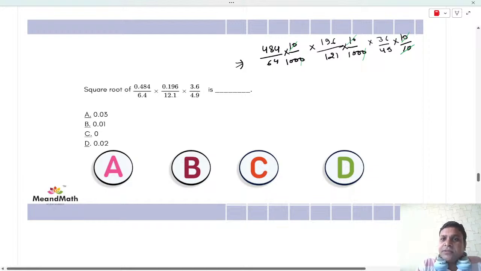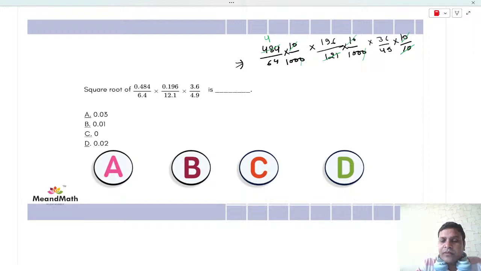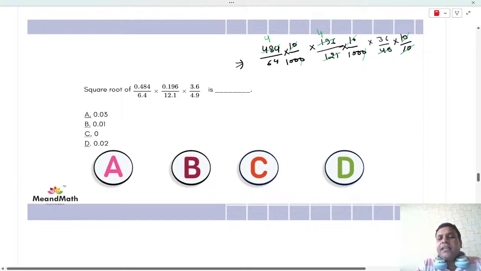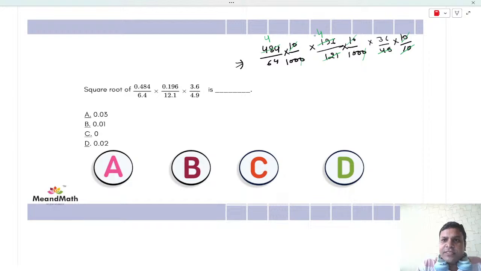Now 121 is cancelled out by 4, 121 into 4 is 484. 196 and 49 are cancelled out by 4, 4 into 49 is 196. 4 is cancelled out by 16.